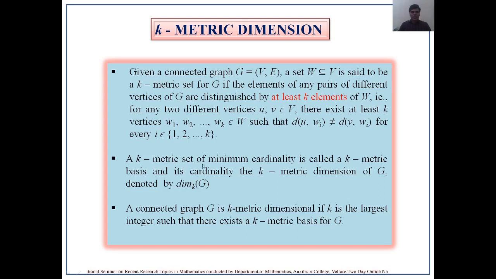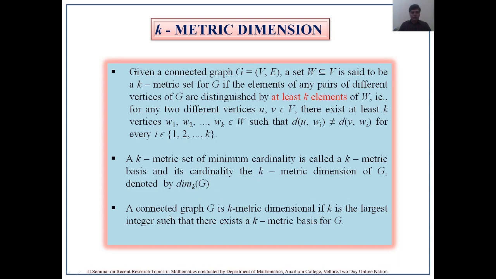A k metric set of minimum cardinality is called a k metric basis, and its cardinality is the k metric dimension. So we have to find the minimum k metric set, and the number of elements in the minimum k metric set is what we call the k metric dimension. This is denoted like this, k metric dimension of G.